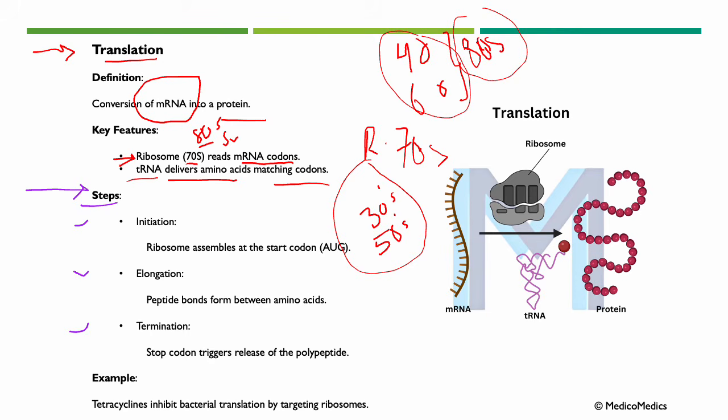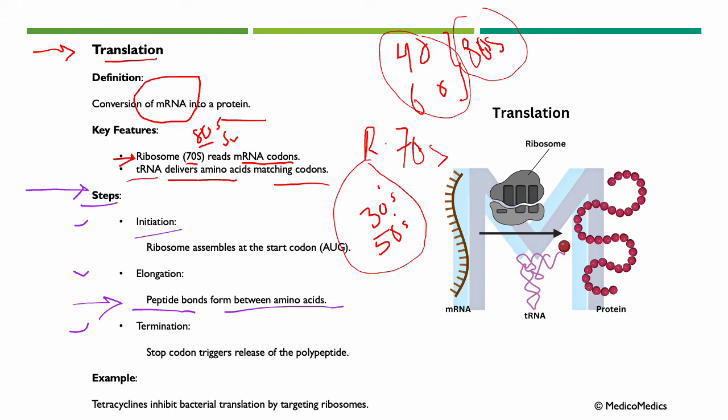Now, let's go back. So, we talked about initiation. Now, during elongation, what happens is that the ribosomes move along the mRNA, reading codons sequentially. Now, transfer RNA molecules deliver these amino acids, which are joined by peptide bonds, forming a growing polypeptide chain.